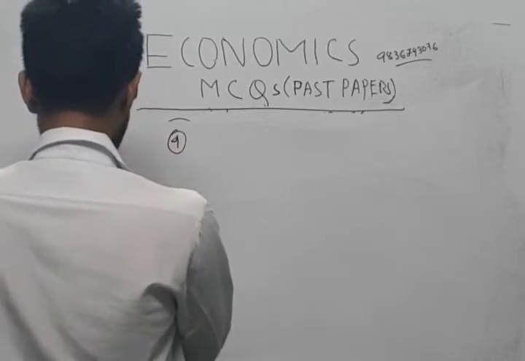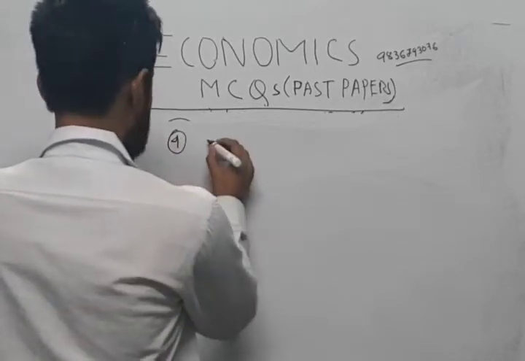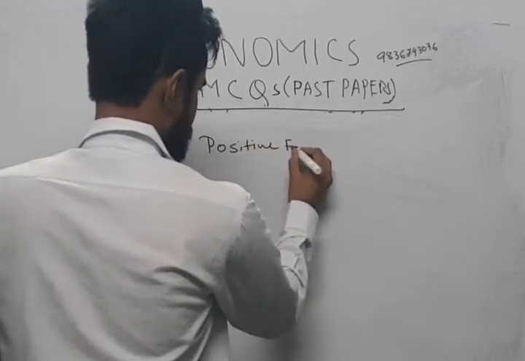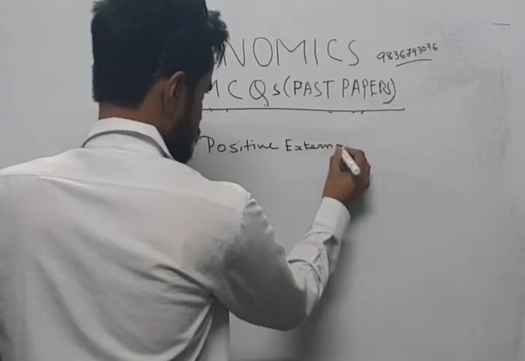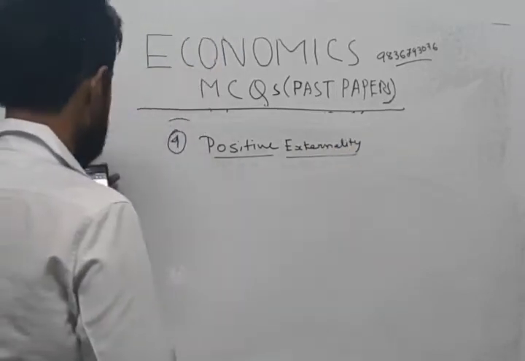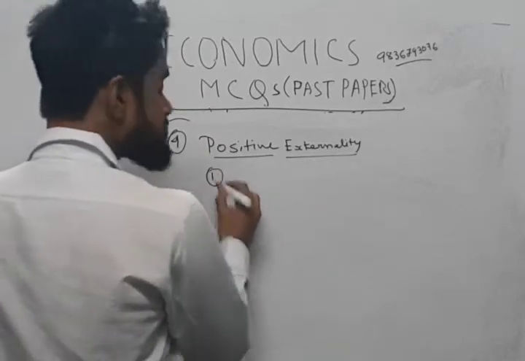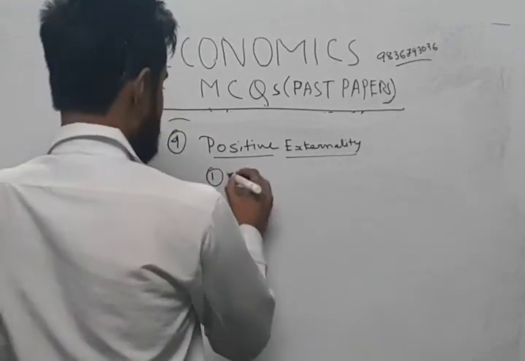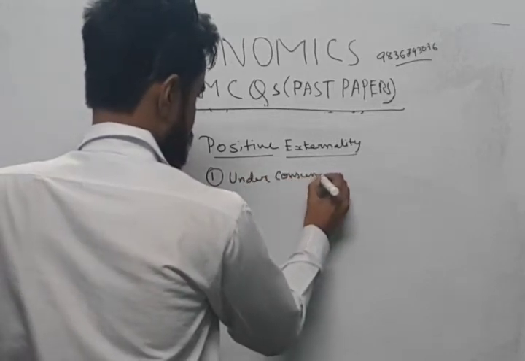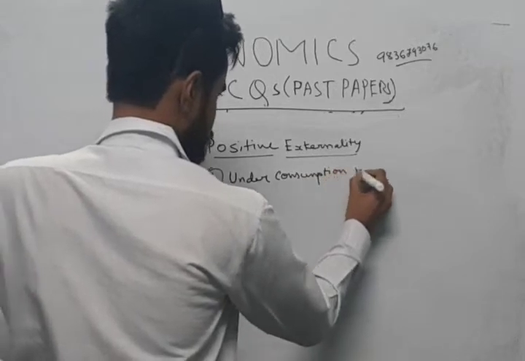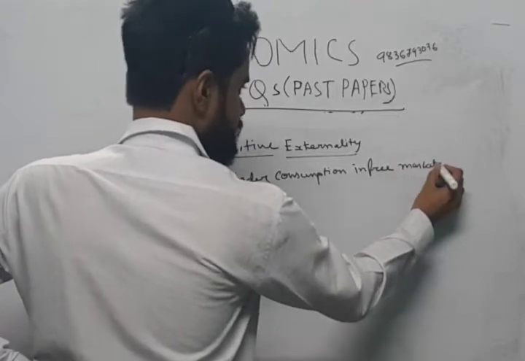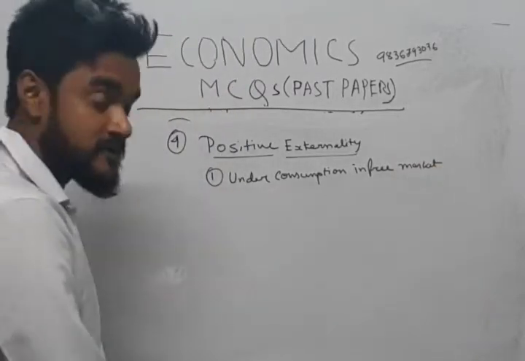So in question number 4 it is given with a positive externality, what happens? There is under consumption in free market.